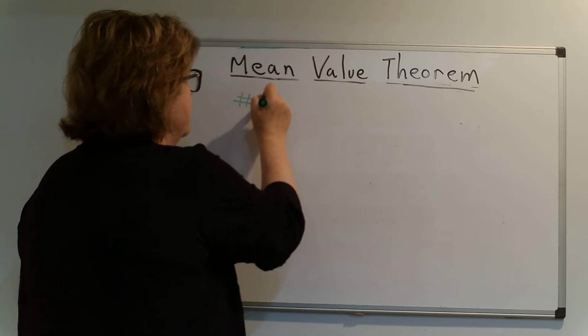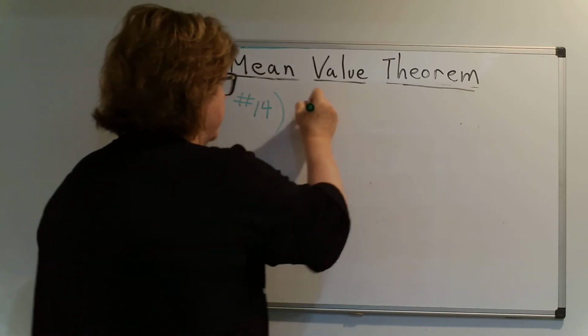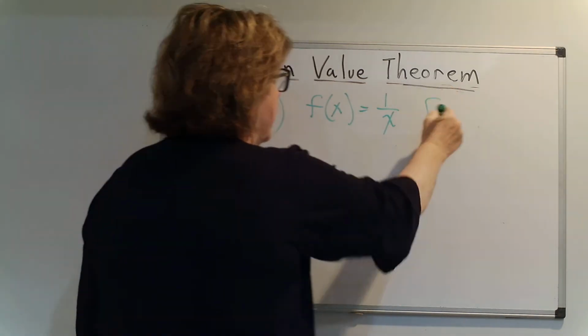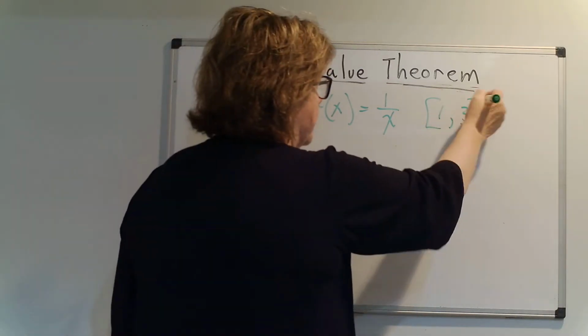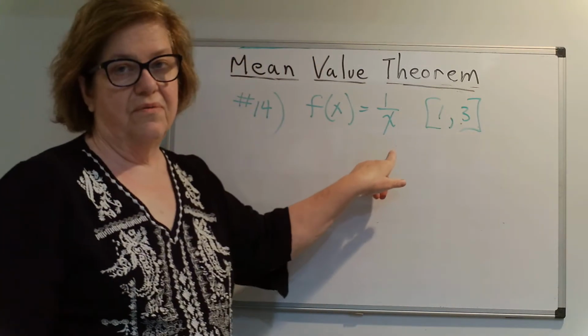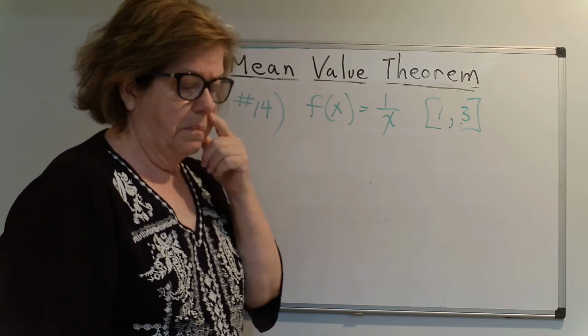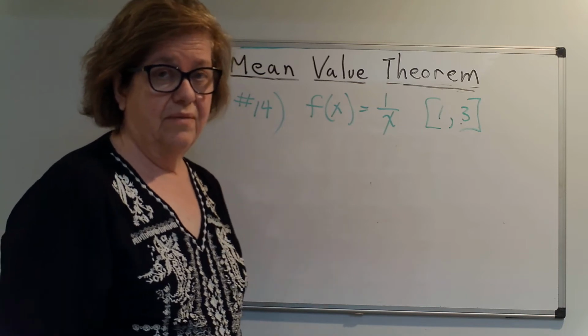In number 14, they give you a function on a closed interval. So in this case, it's the function 1 over x on the closed interval 1 to 3. And they say, okay, verify that this satisfies the mean value theorem.